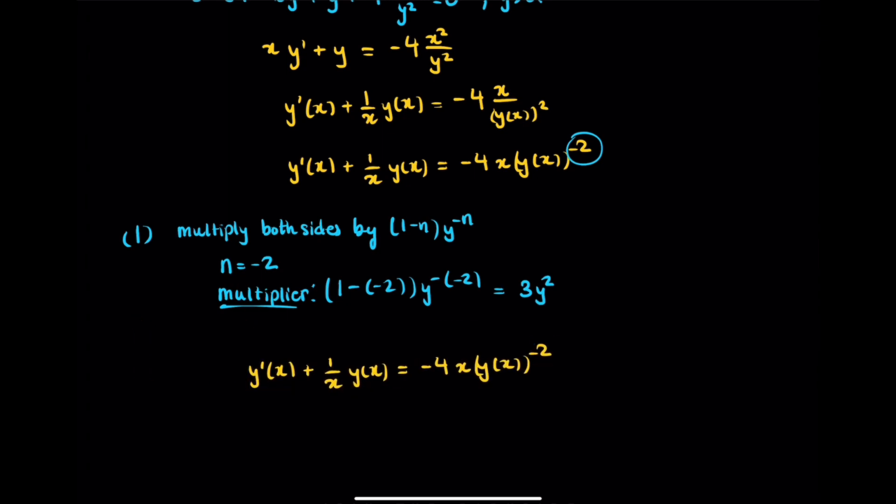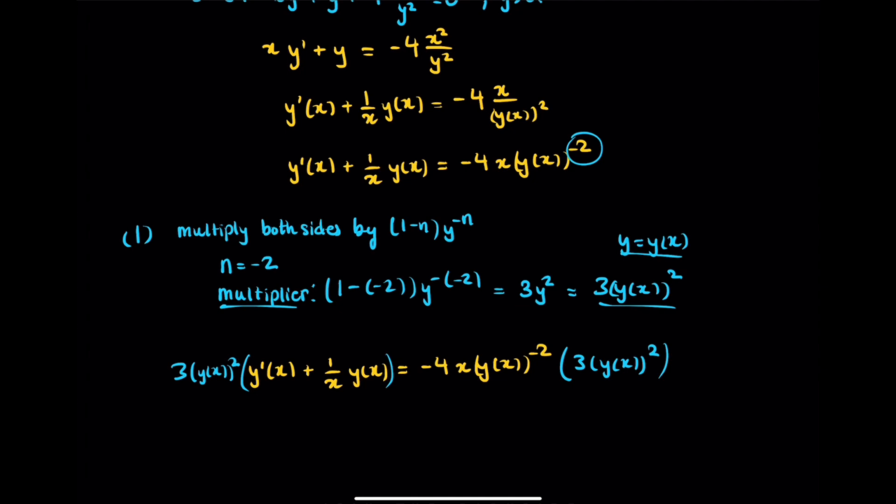Okay, so again, let me be more clear. This y is in terms of x, because y equals y(x) in this case, based on the equation. So let's multiply this side by 3y(x) squared, and then let's also multiply this side by 3y(x) squared.